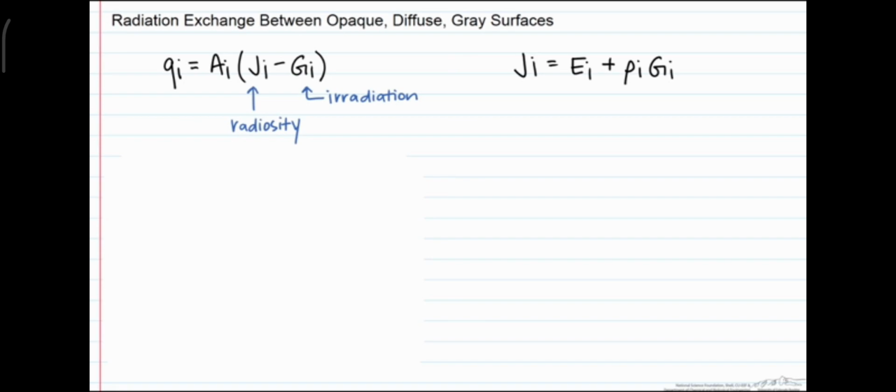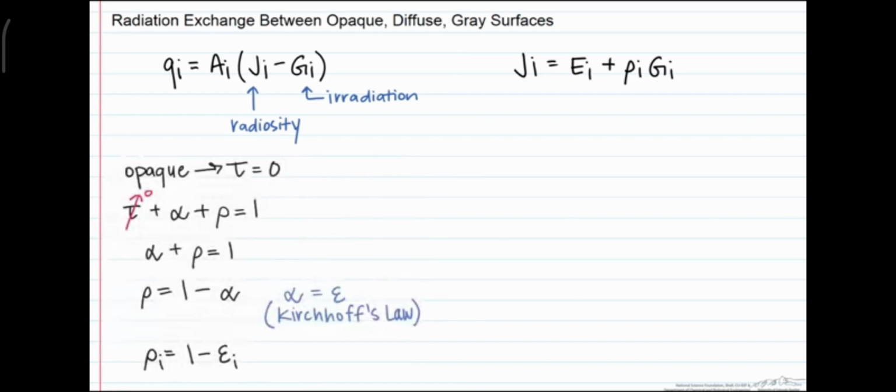Let's put this in a more useful form and use some of the things that we know about this type of surface. The first thing is that our reflectivity is equal to 1 minus our absorptivity, since there is no transmittance. According to Kirchhoff's law, the absorptivity is equal to the emissivity, epsilon, so the reflectivity is 1 minus epsilon.